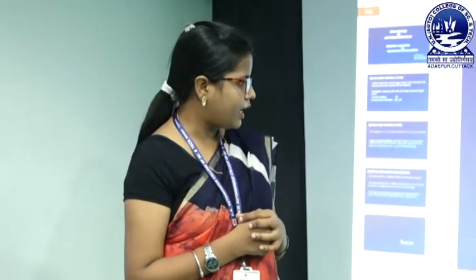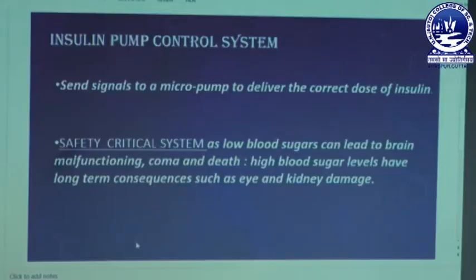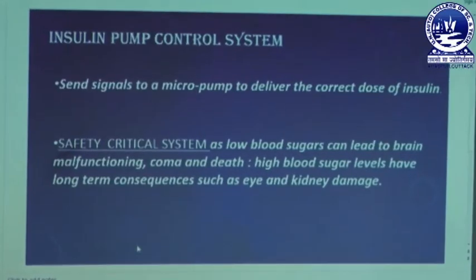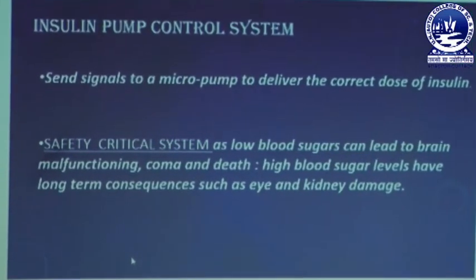Because this embedded system is attached to the patient's body, and the patient is regularly using it. If anything goes wrong with this system, it will be very dangerous to the patient, or it may cause death also. We have to remember that low blood sugar can lead to brain malfunctioning, coma, and even death.